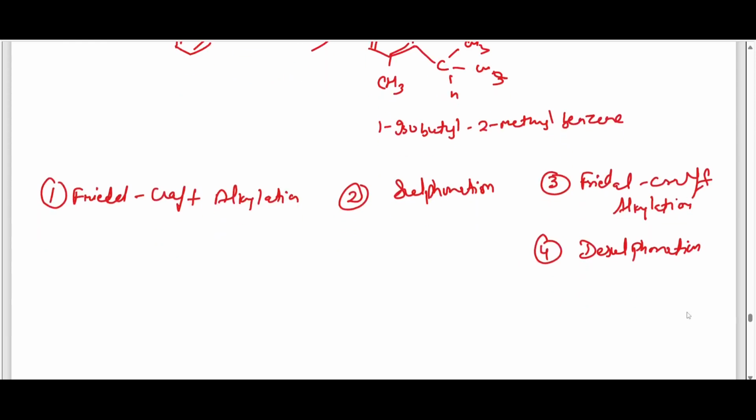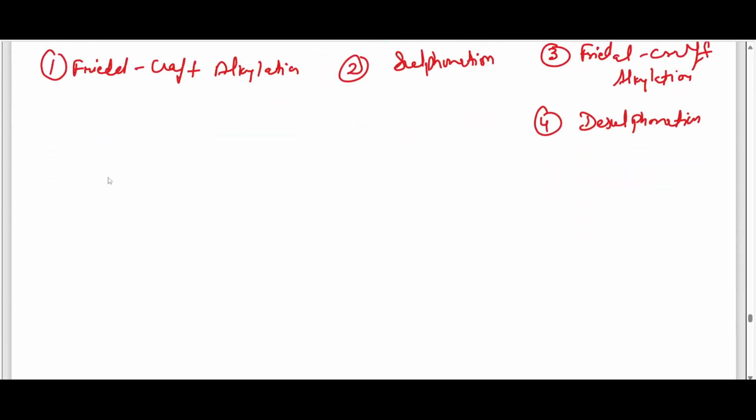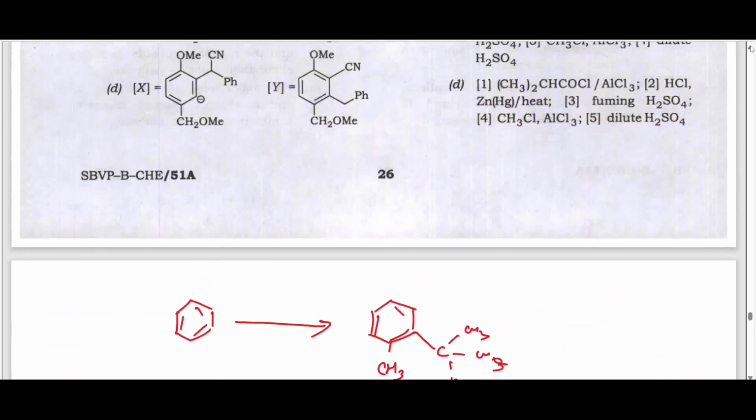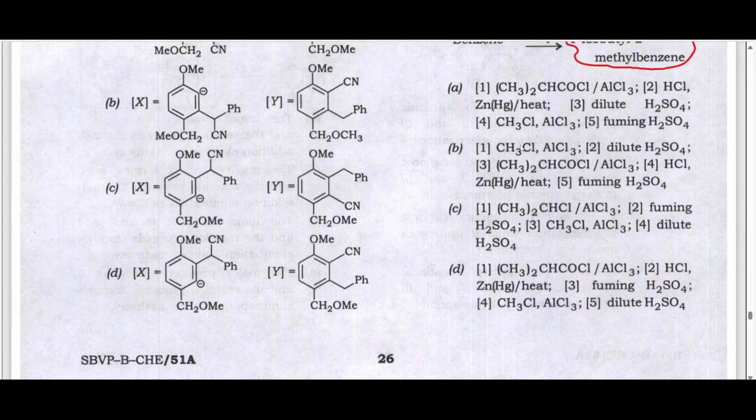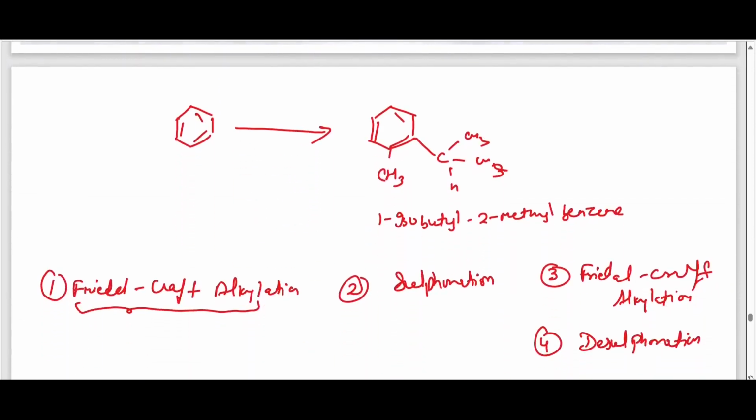Okay, so let's see. In the first case, this is a benzene. Okay, so in the first step, Friedel-Crafts alkylation will occur in the presence of this substituent, in the presence of aluminium chloride.